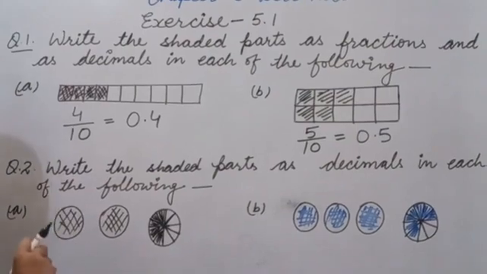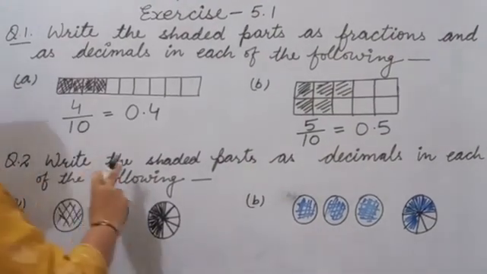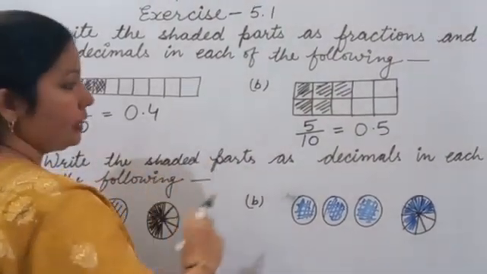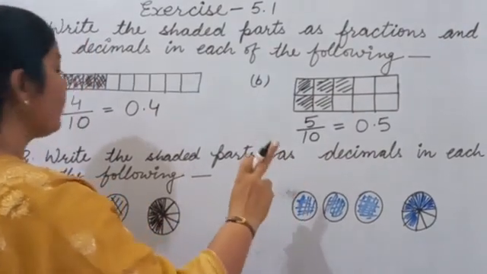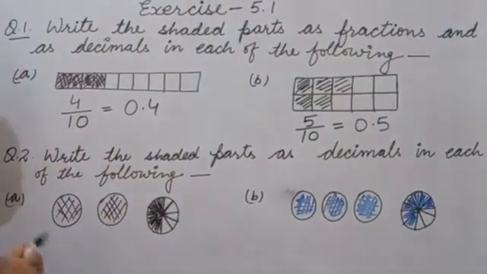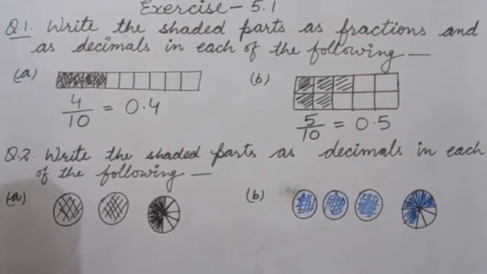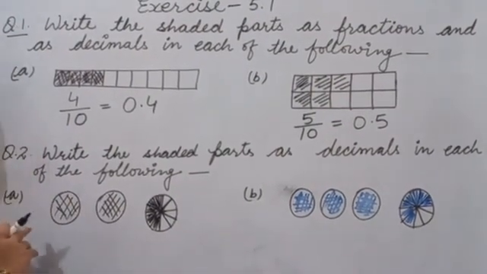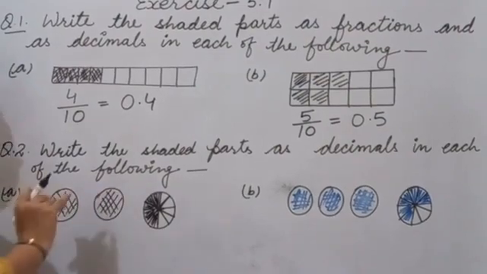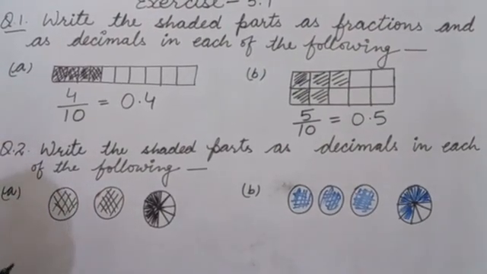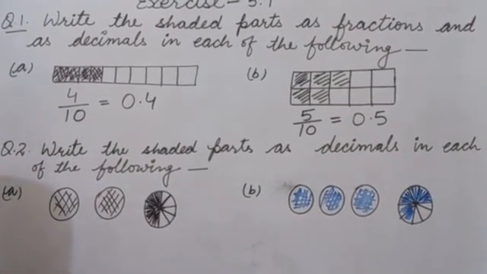Now question number 2. Write the shaded parts as decimals in each of the following. जो shaded part है वो आपको decimal form में write करने हैं. There are 2 parts given. I take both parts A and B. So here you should write the shaded part in decimal form.